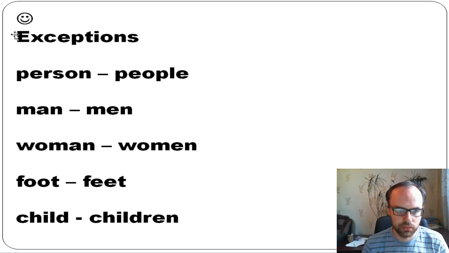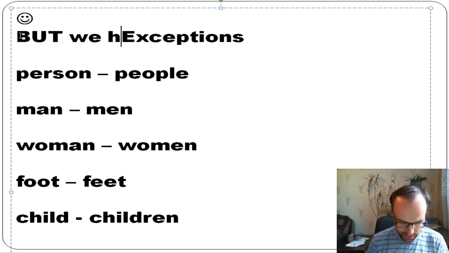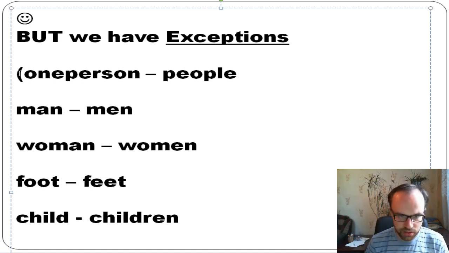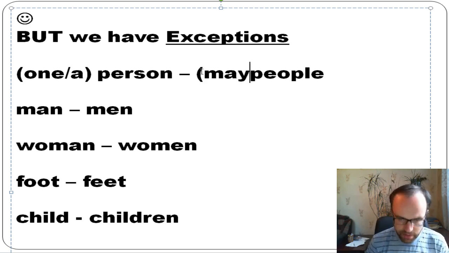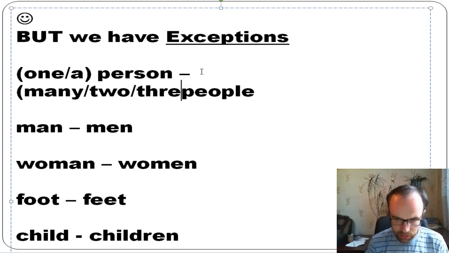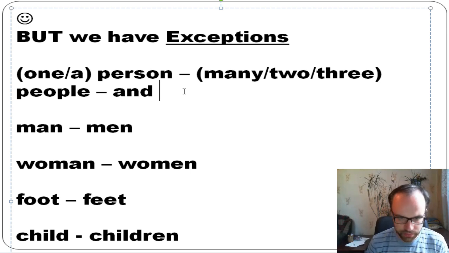But we have exceptions. So we say one person but many people. One person, or a person, but many people, or 2 people, 3 people, and so on.